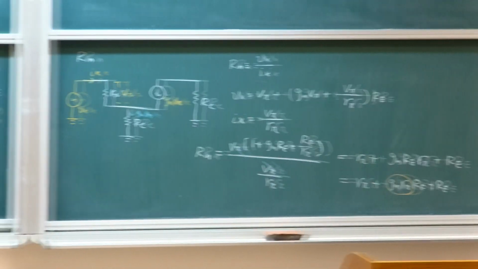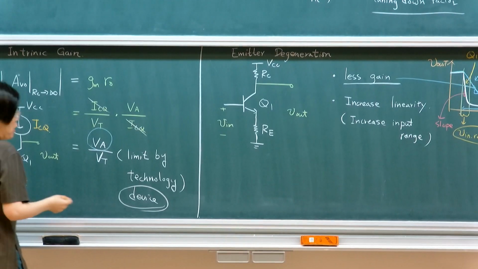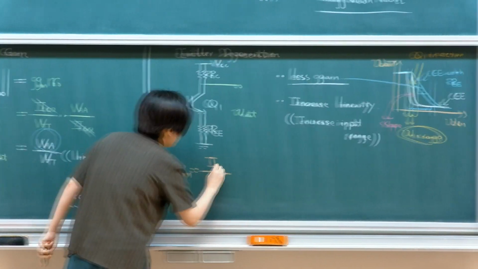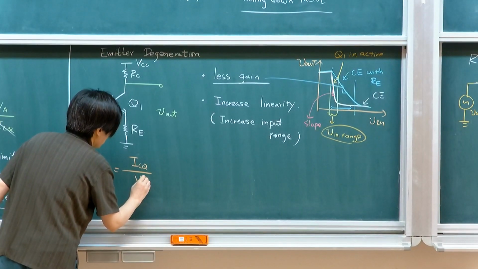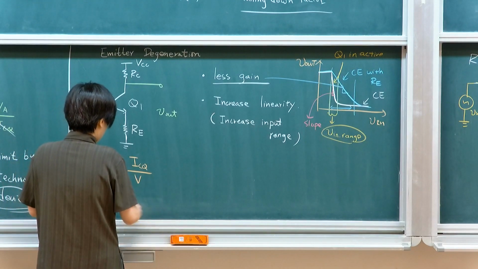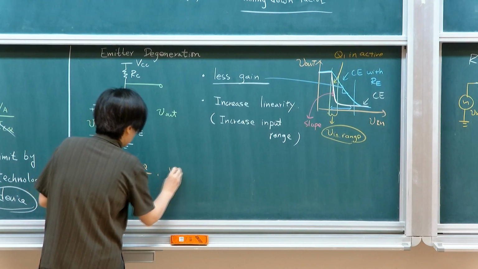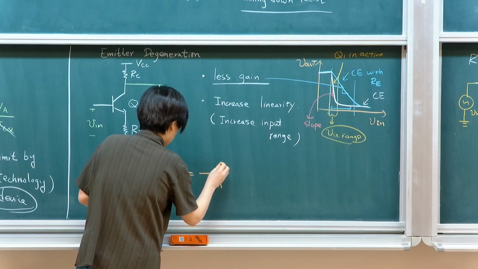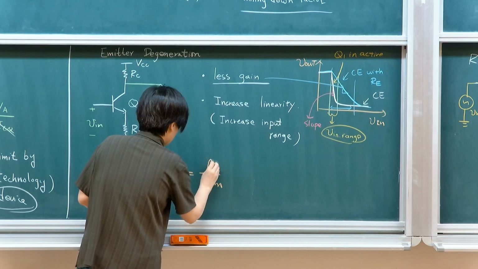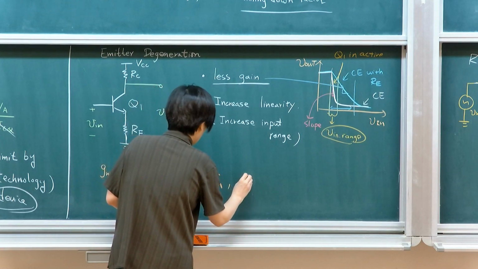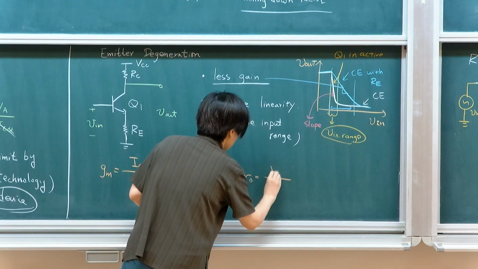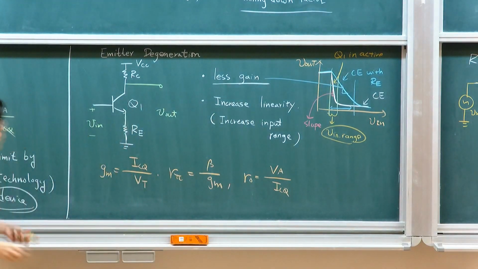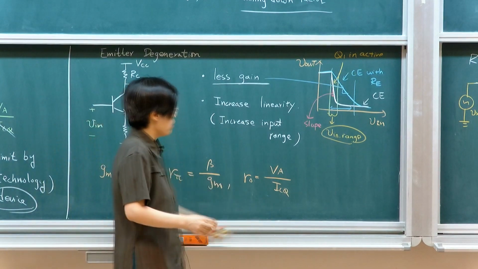Let's write down all the parameters. gm is ICQ over VT, sorry. R pi is beta over gm. And ro is VA over ICQ. Make sure that I got it right. So make sure that you know these three parameters.